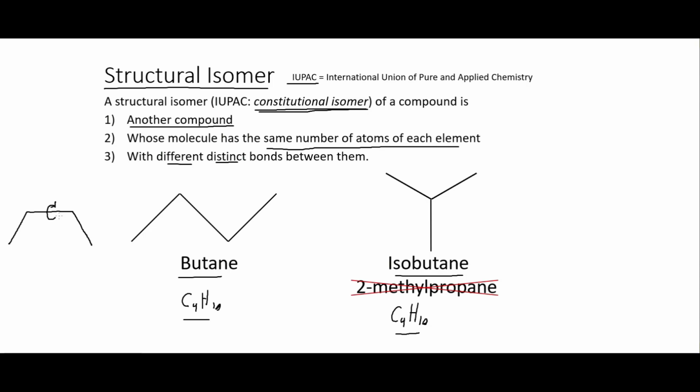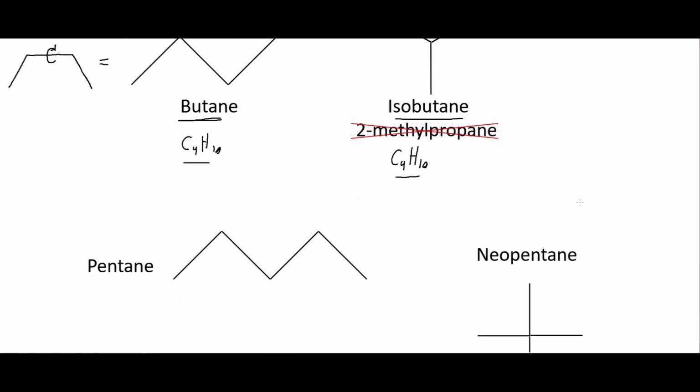That will fall into stereoisomers, which I'll talk about in future videos. It's exactly the same structurally as this one right here. It has to have different and distinct bonds between the atoms. And so that is what a structural or constitutional isomer is.